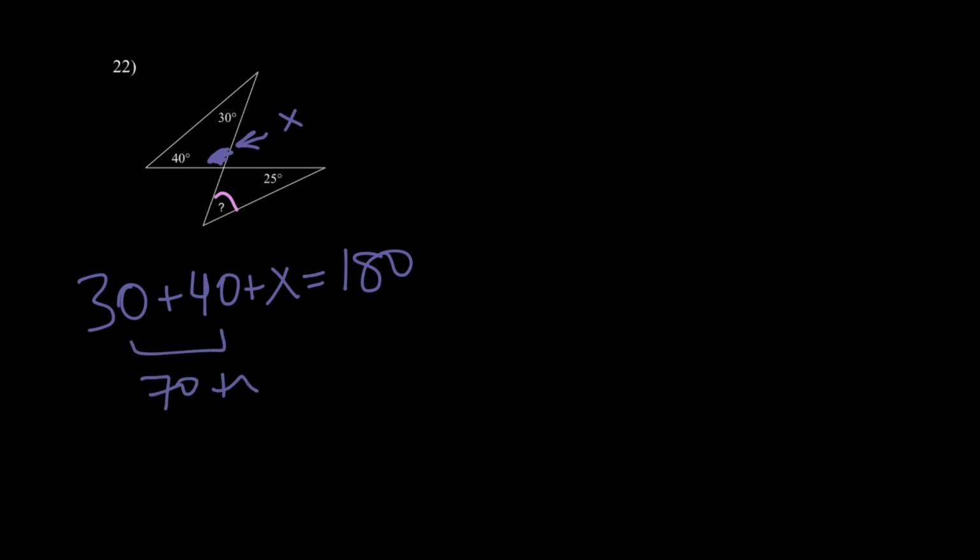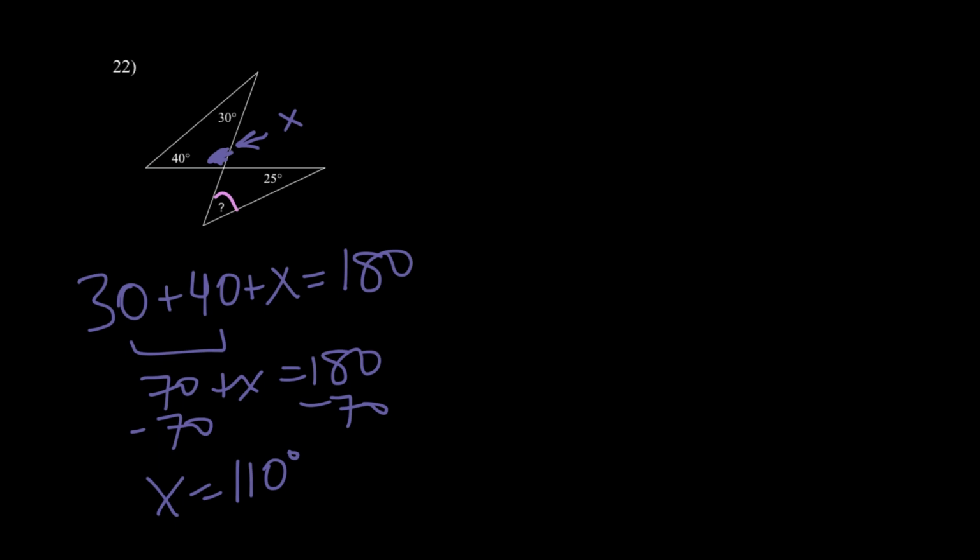So again, I'm going to use the Triangle Sum Theorem, and I'm going to call this angle x for right now. So I know that 30 plus 40 plus x must equal 180. Well, 30 plus 40 is 70. Still have plus x, and I still have equals 180. I subtract my 70 from both sides, so I know that my angle x equals 110 degrees. Well, how does that help us?